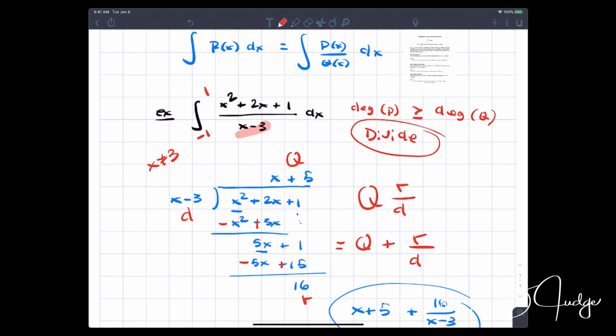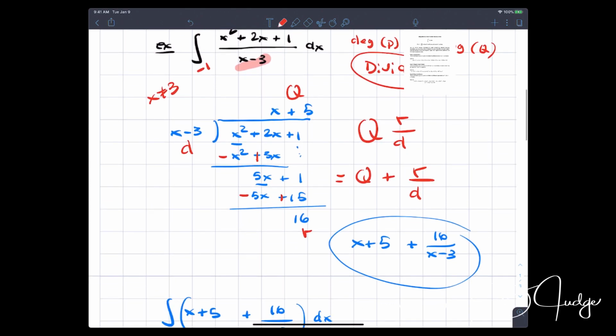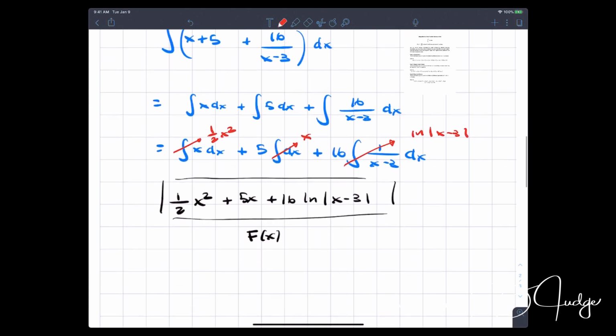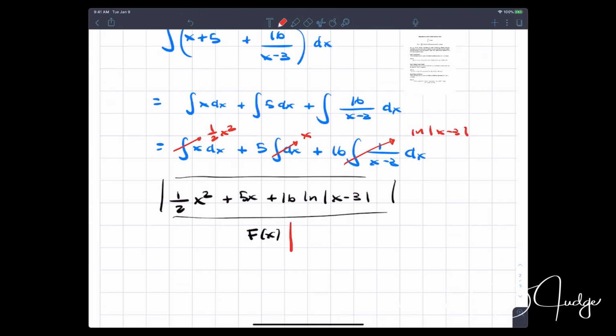And the answer is yes, because the only point where this function is discontinuous is at x is 3. So just want to remark about that.